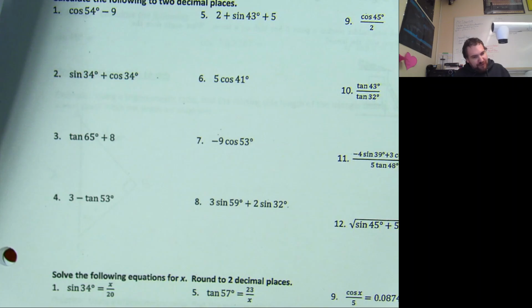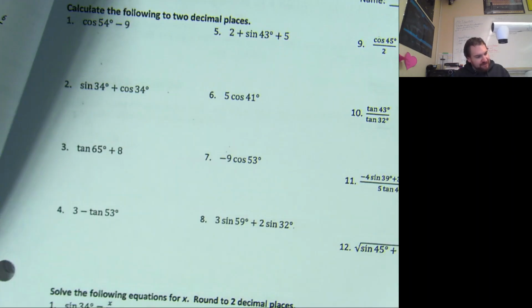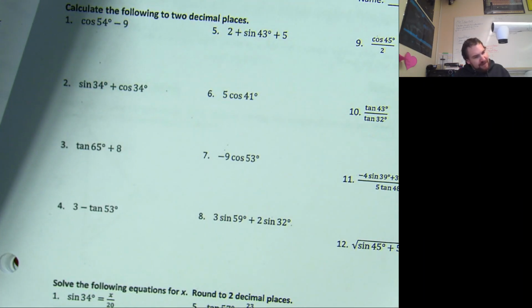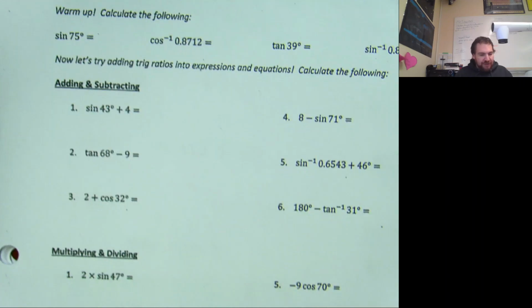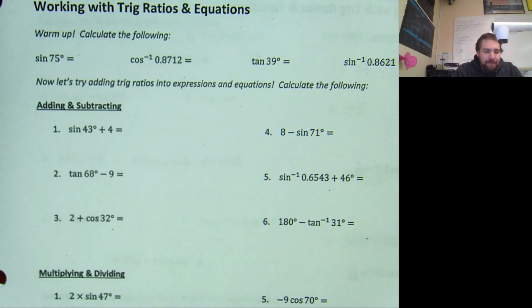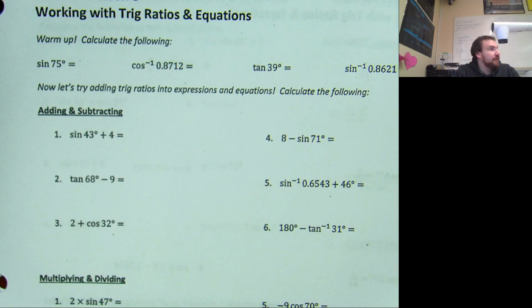We're going to brush over this next lesson. I want to get straight to the good stuff. I don't need to spend as much time on this front page. This is just adding sine, cos, and tan to this idea of BEDMAS.